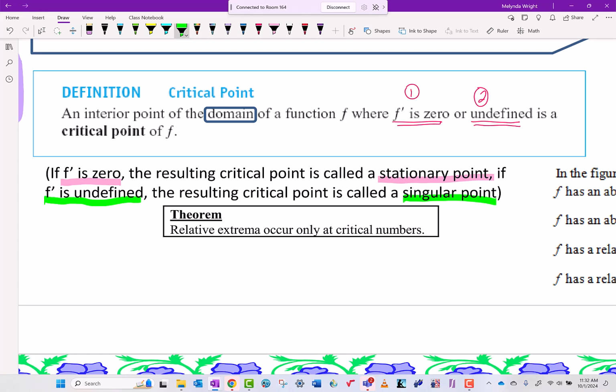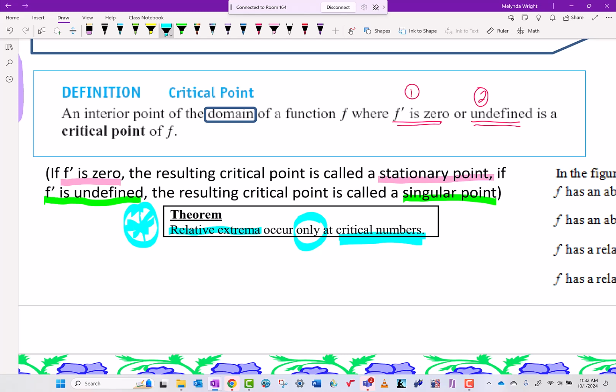That means it's a critical point where the first derivative is undefined. So I just want to make sure we're clear. And this is really important. Relative extrema can only occur at critical numbers, period. No other place. It's a theorem. Relative extrema occur only at critical numbers.